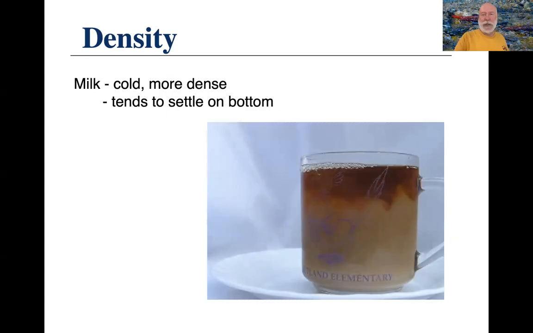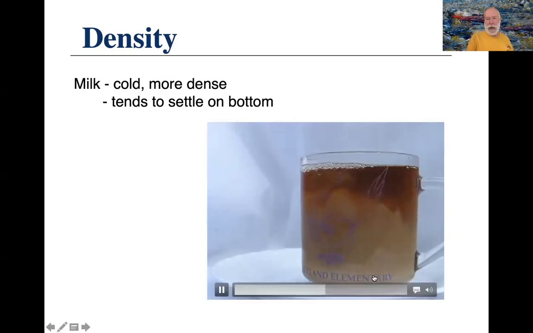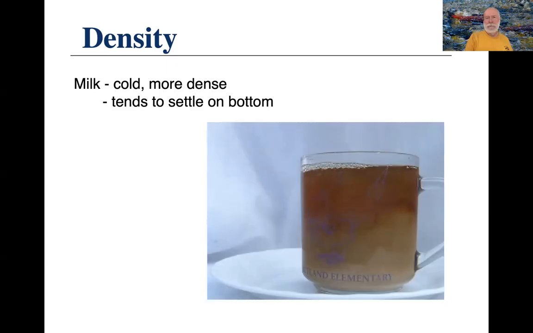The milk is largely collected down near the bottom of the mug. There's some mixing, of course, but you can see there's a difference in color, higher concentration of tea at the top, higher concentration of milk at the bottom. So that illustrates the stratification that can happen.